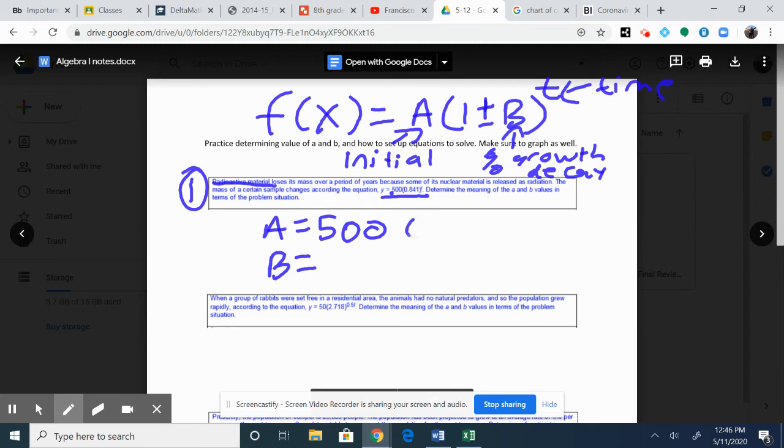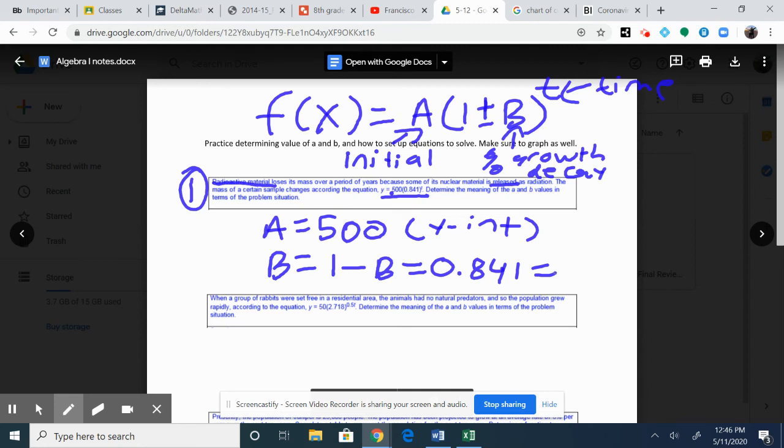We can also say that when we graph, this is our y-intercept, because that's what we start off with. Now, 0.841, since we are releasing, that means that we are decreasing. Therefore, 1 minus our b has to equal 0.841.